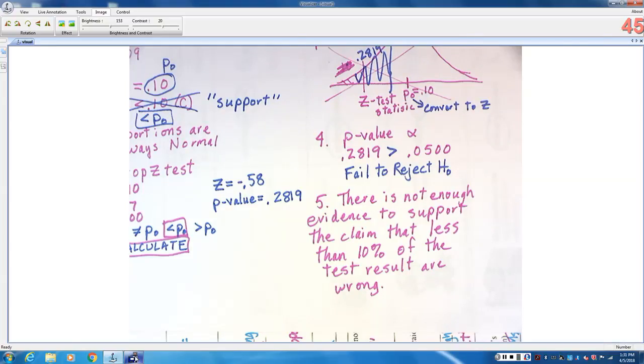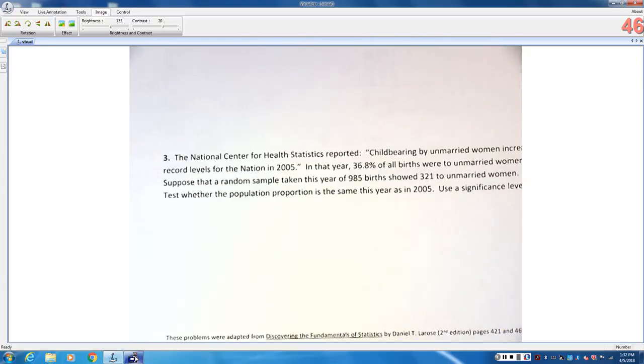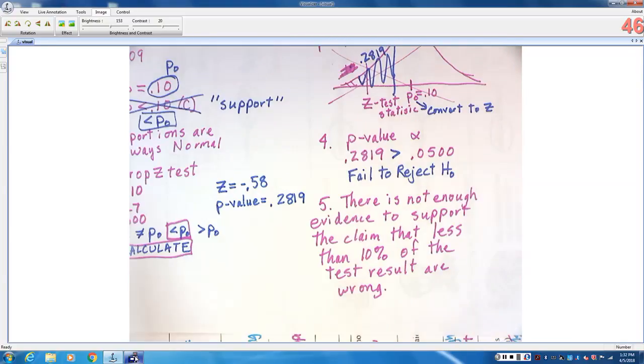So let's see, I have some papers here. Oh, so this is the thing that's due next time. And I may have hints out there, I don't know. 3 questions, and if you need more room, you can use that.